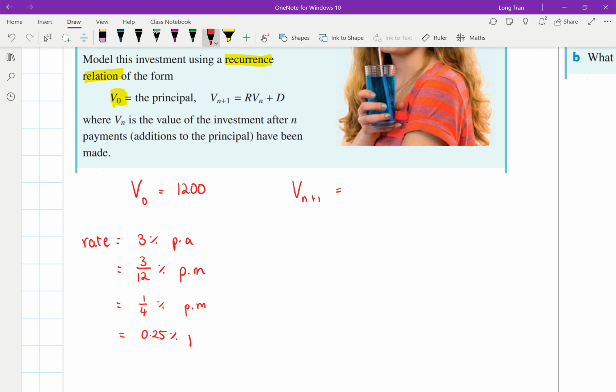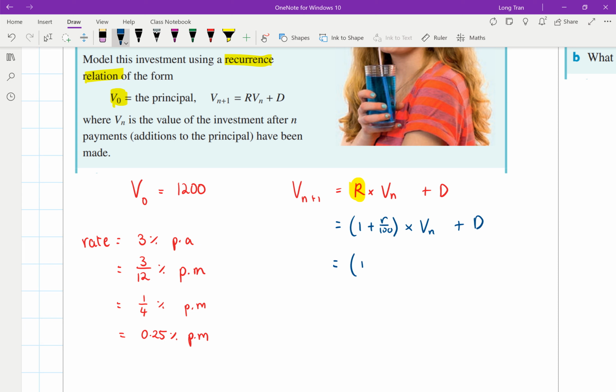Okay, so I'm just going to write here. Remember, R times Vn and then plus D. R is the amount that you're gaining or losing, and so we write that as, remember, 1 plus the rate over 100 multiplied to Vn plus D. So what is our rate?